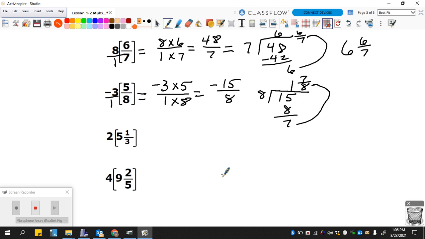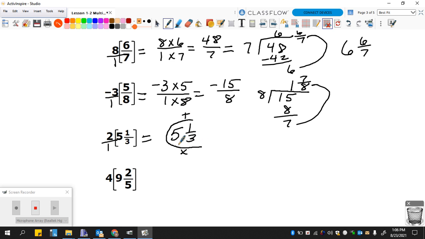Now this next one, they're both positive, but you notice here we have a mixed numeral. Remember, this stays as 2 over 1. 5 1/3. I use a little thing that I always call the big C. You multiply the bottom and the whole number and add the top.